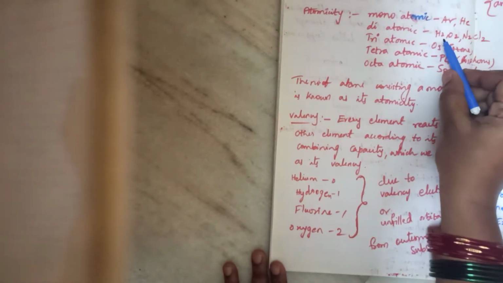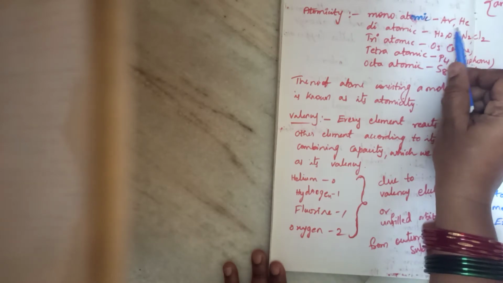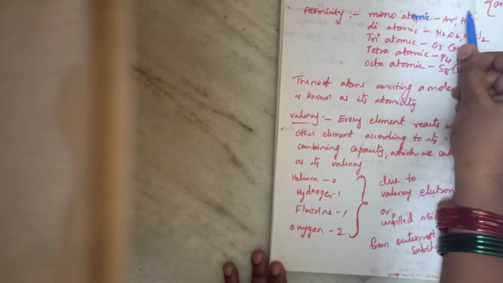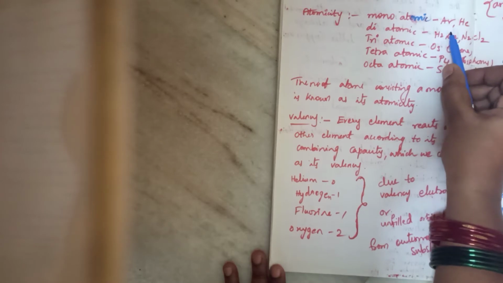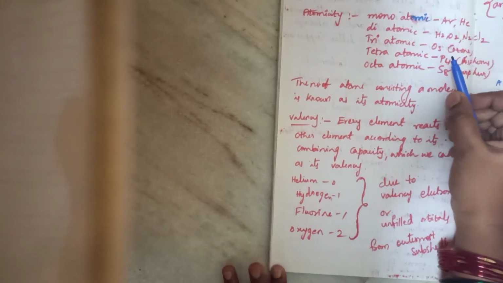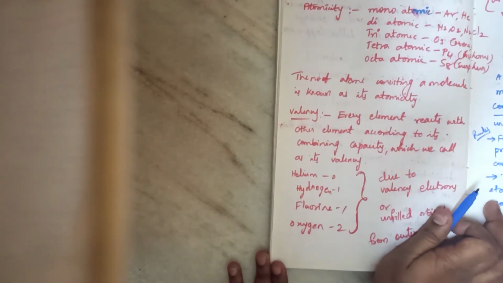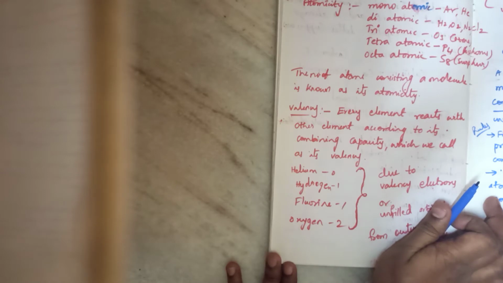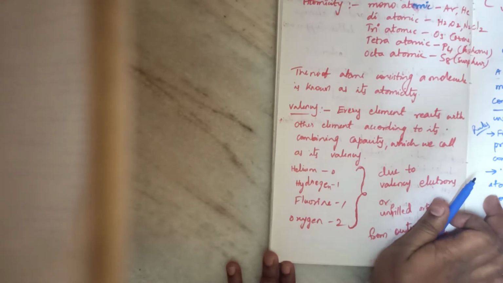So the atomicity of hydrogen is 2, and the atomicity of argon is 1. Valency is also important for writing and understanding chemical equations.